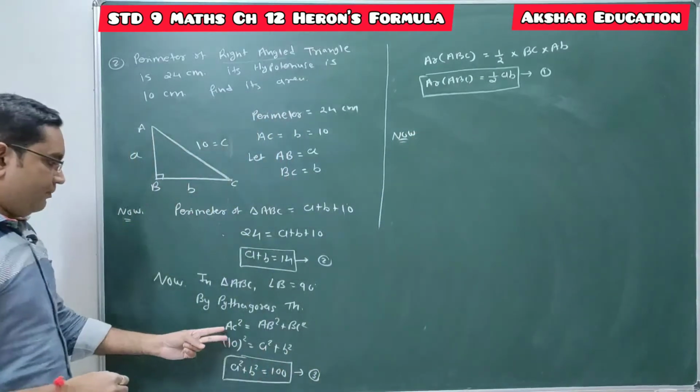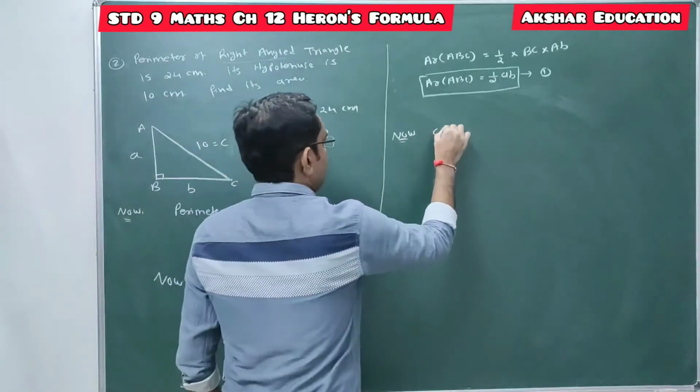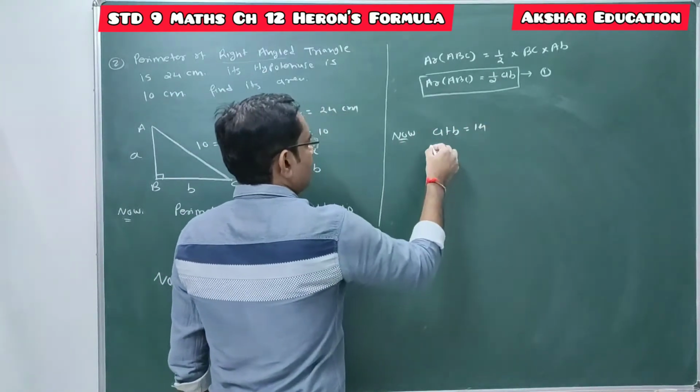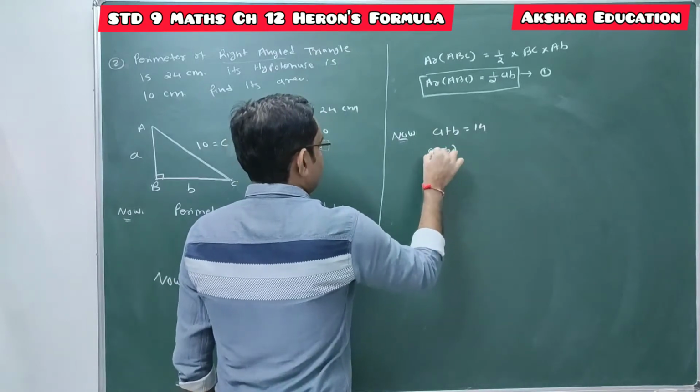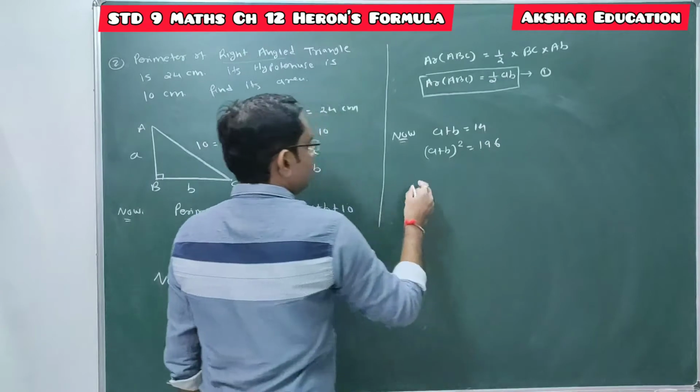Now students, here we are having A plus B equal to 14. We are having result 2 as A plus B equal to 14. Take the square on both sides, so it's A plus B whole square equal to 14 square, which is 196.